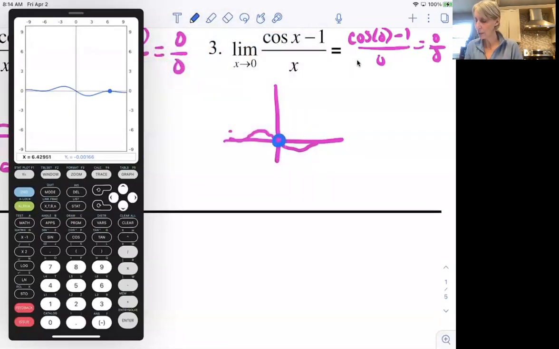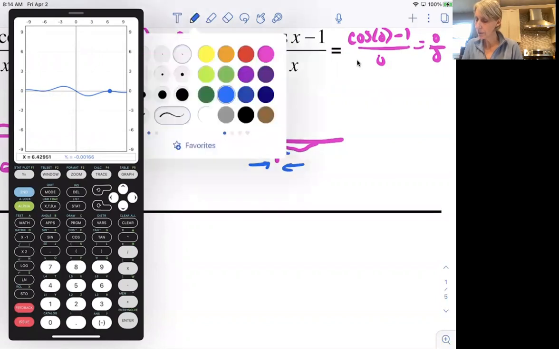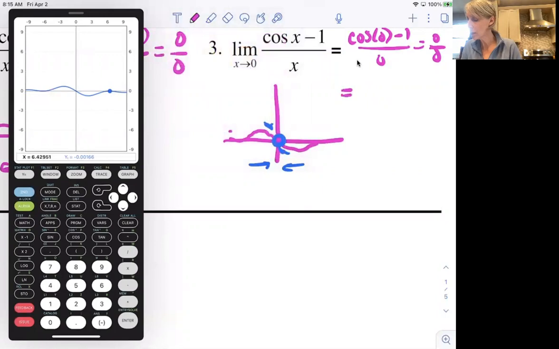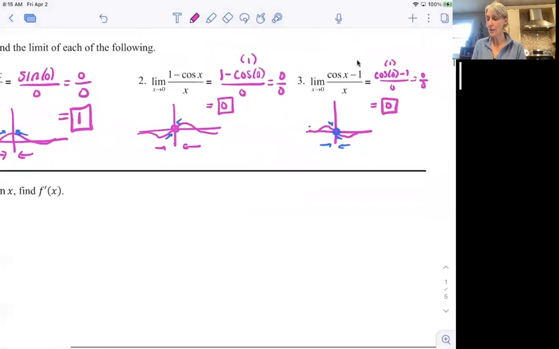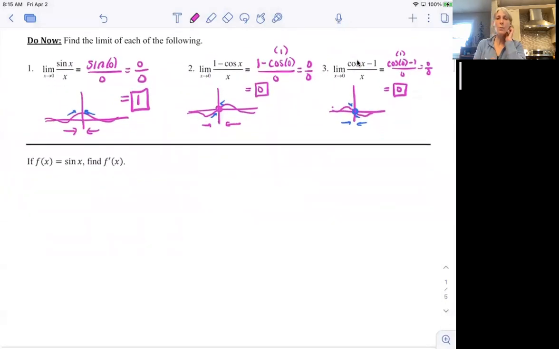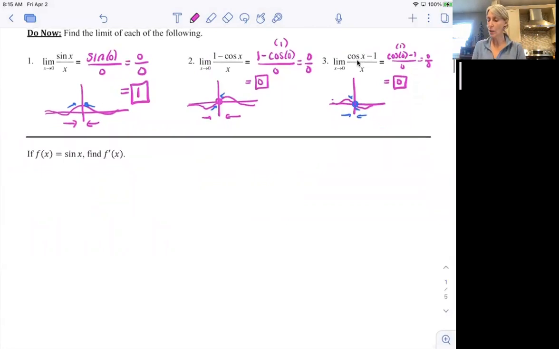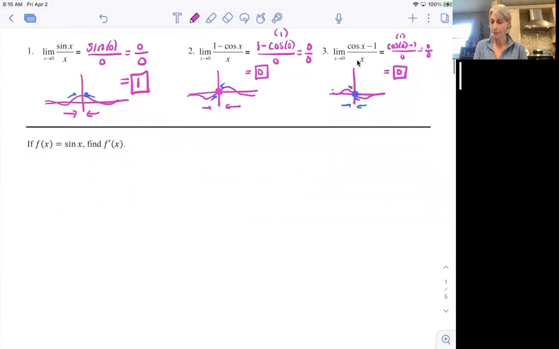When I plug in values that get close to 0, my y values are getting closer to 0. So this limit is 0. Next year in calculus, we'll go into more depth with those properties, but this year I just want to introduce them. These are things that we're going to use again in the future.